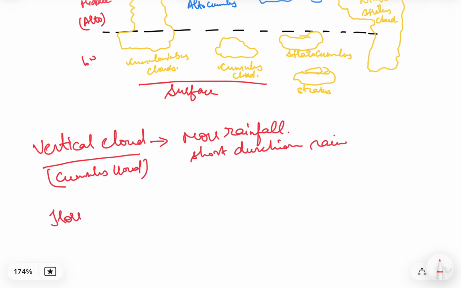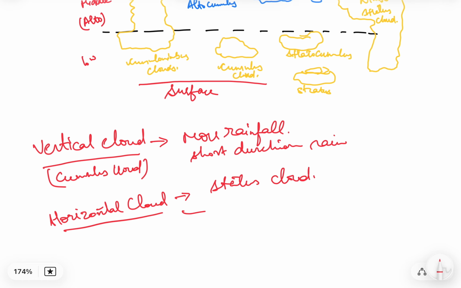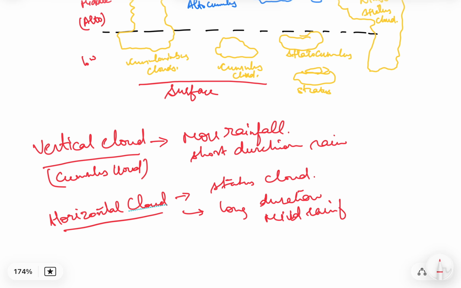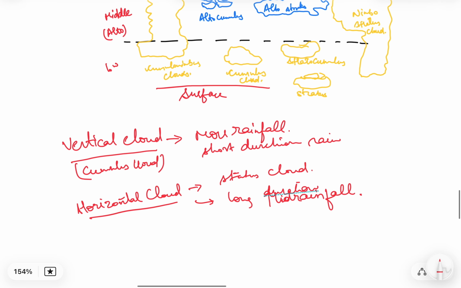And if they are horizontal clouds, these are the stratus clouds, and we will have long duration and mild rainfall. So these are the features.